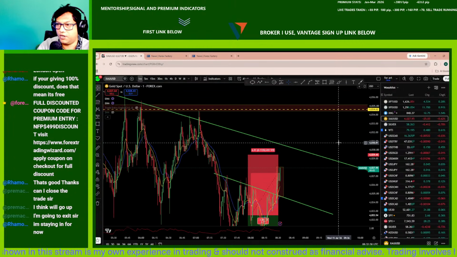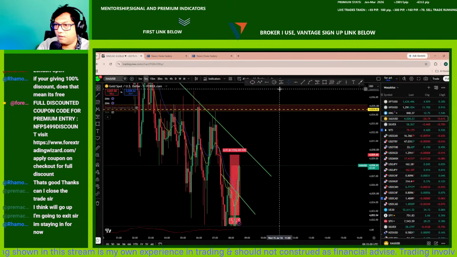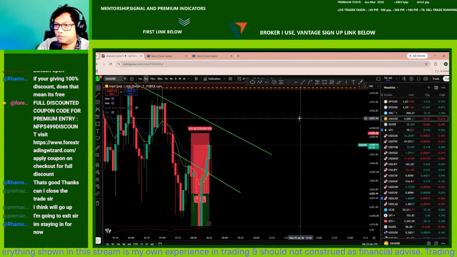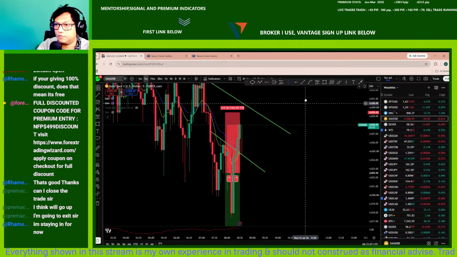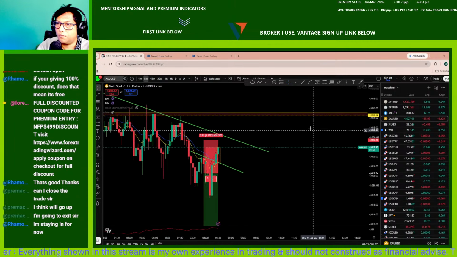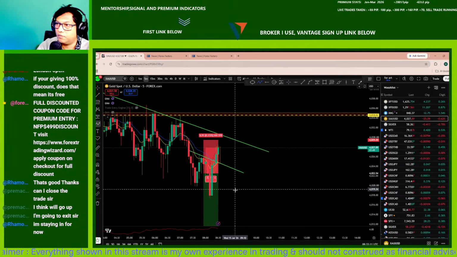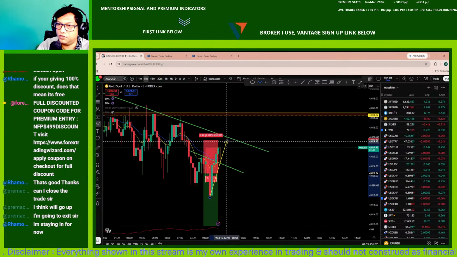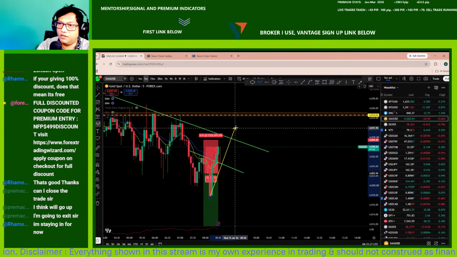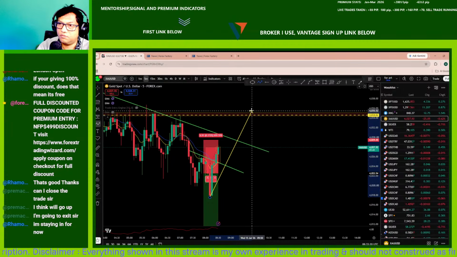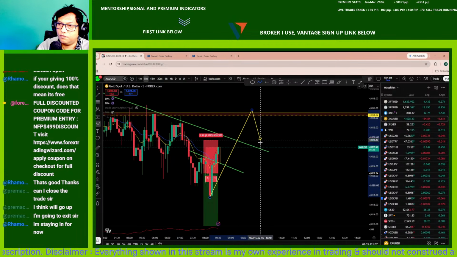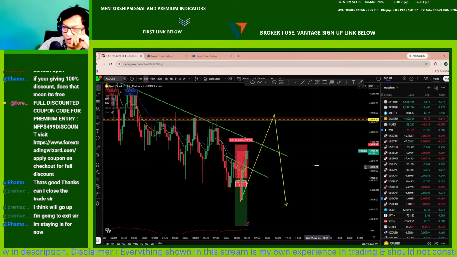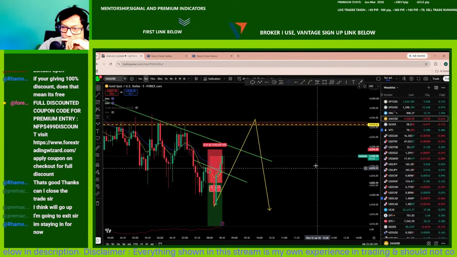Might try to break above. So from here, it's moving up to this level, can break this trend line, that can create that pressure.